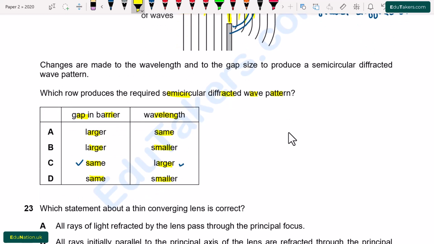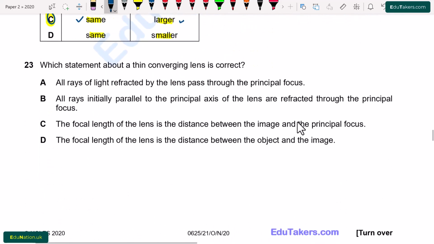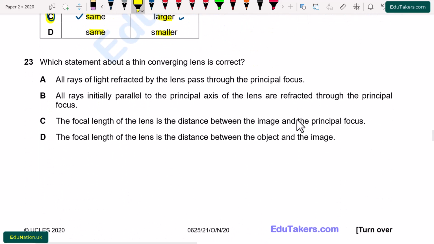In this way, when the wavelength is larger, we obtain the semicircular diffracted wave pattern. Question number 23. Which statement about a thin converging lens is correct? Option A, all rays of light refracted by the lens pass through the principal focus.